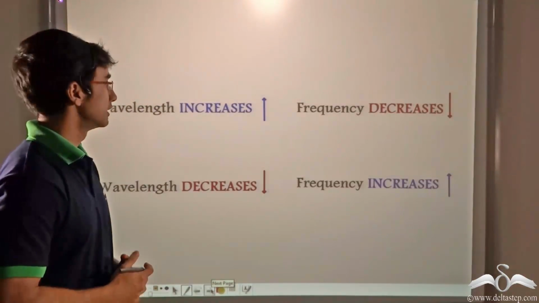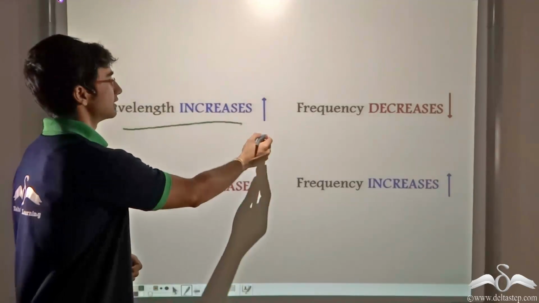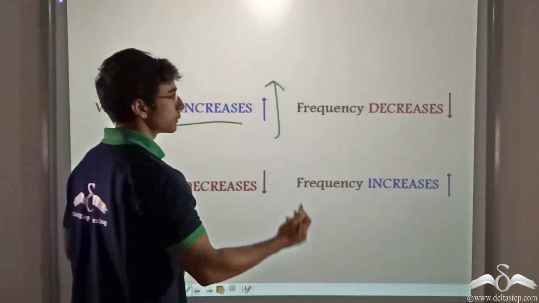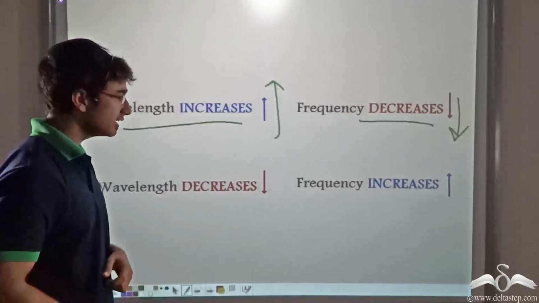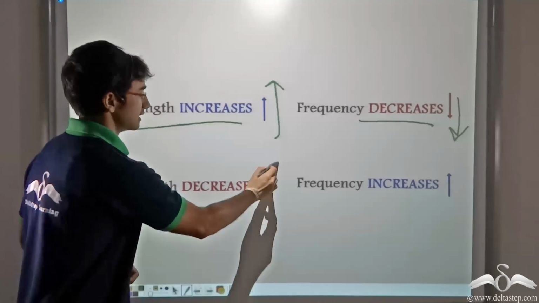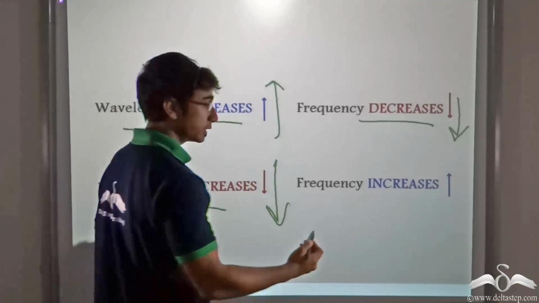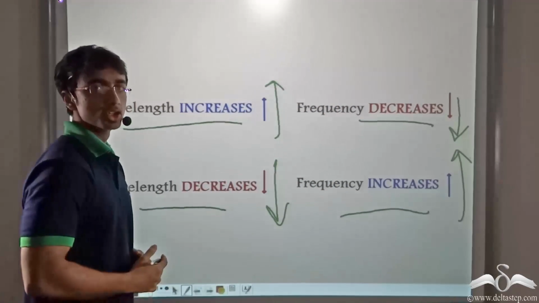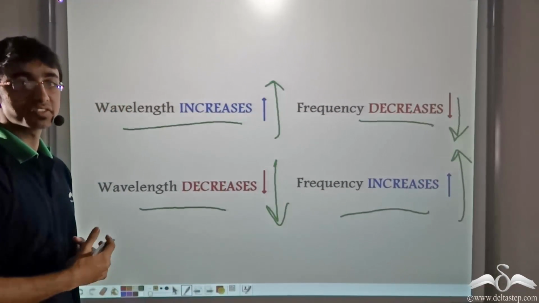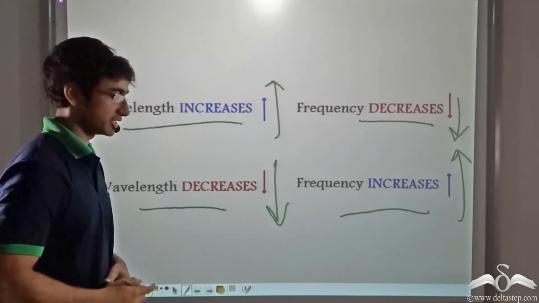So we find that when wavelength is increasing, the frequency is decreasing, and similarly when the wavelength is decreasing, the frequency is increasing. So now let us find out about the different kinds of rays the sun emits.